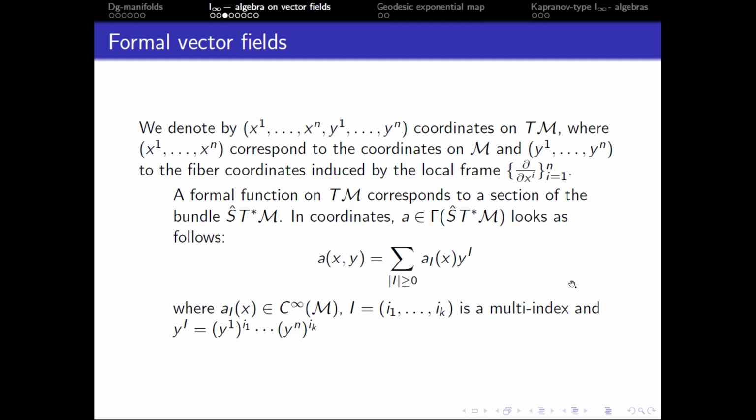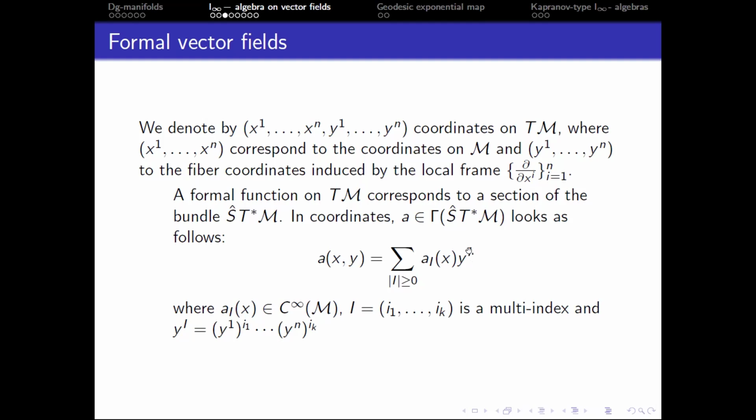And this also replies to your question in more detail. What I mean by a formal function on TM is just a section of this bundle, which I denote by S-hat T*M. By this section, I mean an expression of this form, which is a formal power series in these fiber coordinates. These coefficients, which I'm writing here, are just smooth functions on the base manifold.